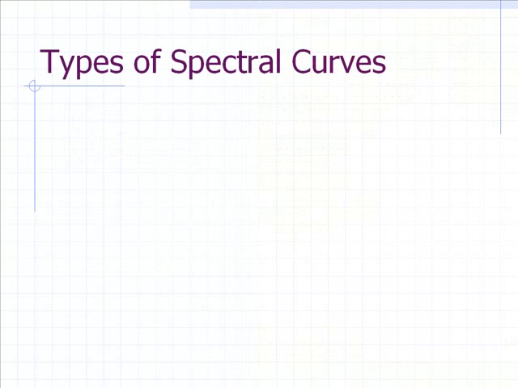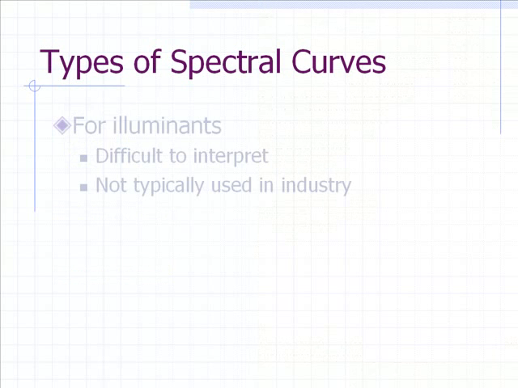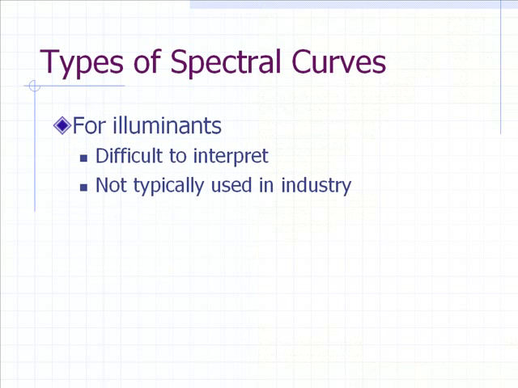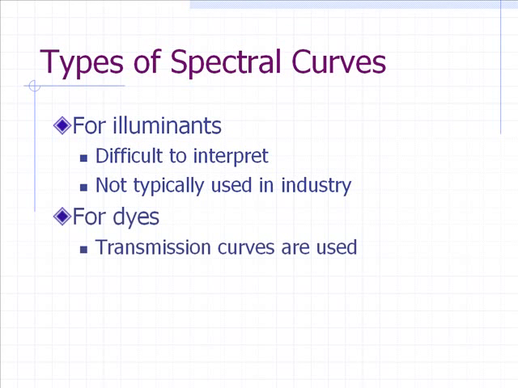There's different types of spectral curves. There's actual curves for illuminance that we don't generally use too much in industry. Doesn't really mean too much to us. For dyes, there's curves that are called transmission curves. So what the unit does, it measures the light that passes through the sample. And for pigments, inks, and paints, we measure reflection curves that measures the light that reflects off of the samples. So that's the difference.